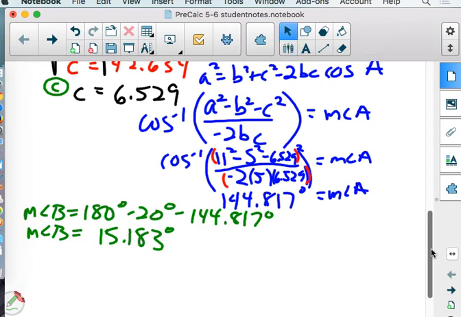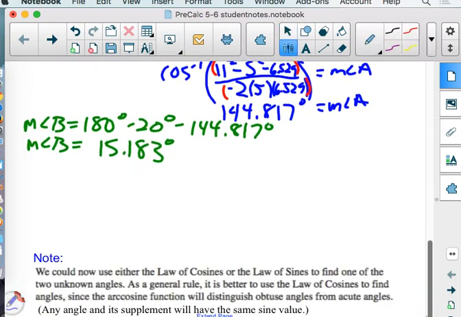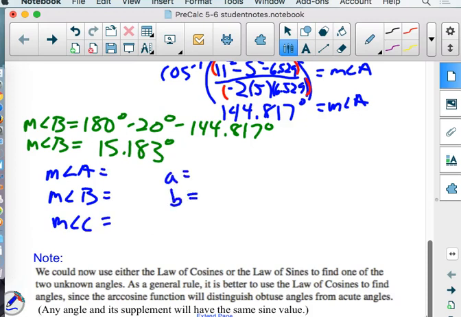Now we take inventory. Yesterday I never had time to stop and put the whole inventory down, but we should do that every time we have one of these problems. Measure angle A, measure angle B, measure angle C. Our measure of angle A was 144.817 degrees.